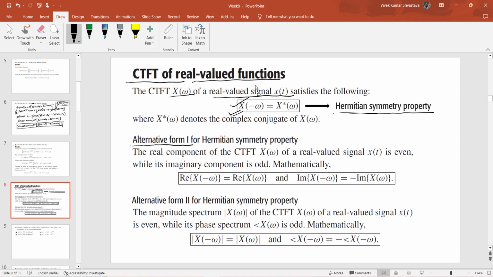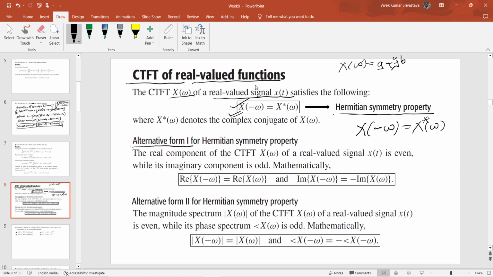So from the above equation we can see that x of minus omega will be equals to x of omega conjugate. It means that, suppose we assume that x of omega is equals to a plus jb, in this form, it should have some real part as well as some imaginary part.